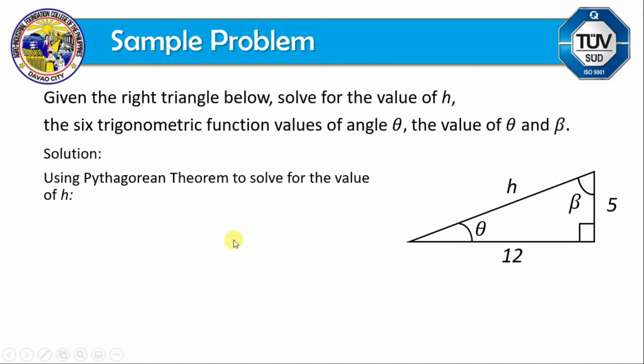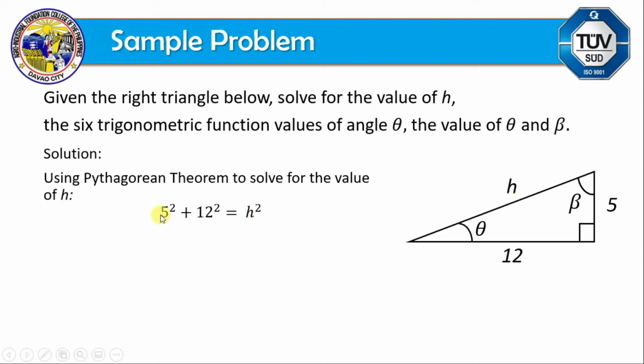So in this case, the sum of the squares of the two legs, 5 and 12, is equal to the square of the longest side, which is h, the one we are looking for.